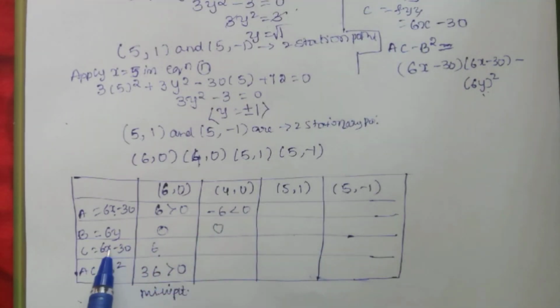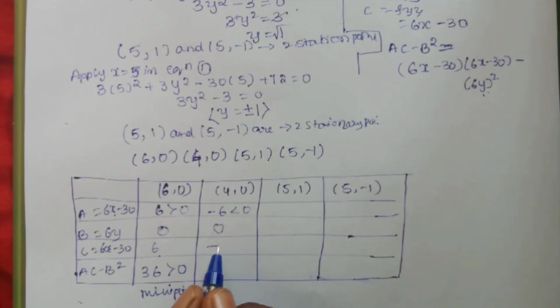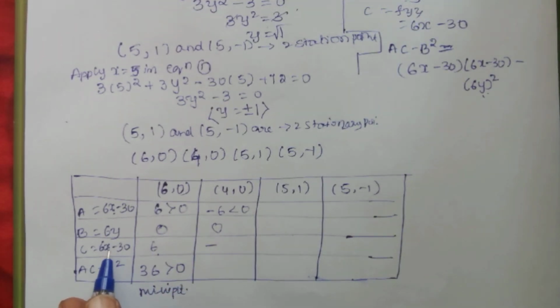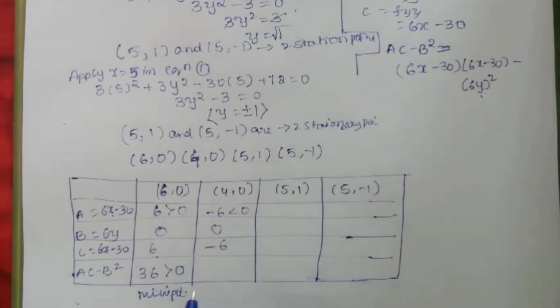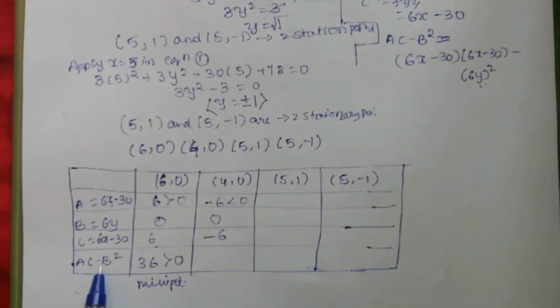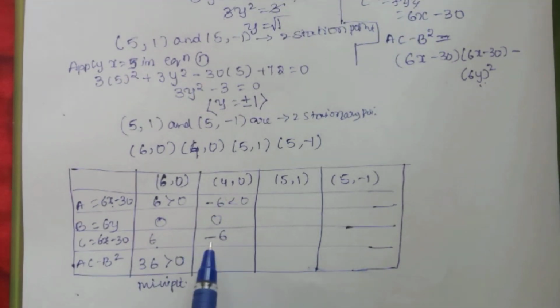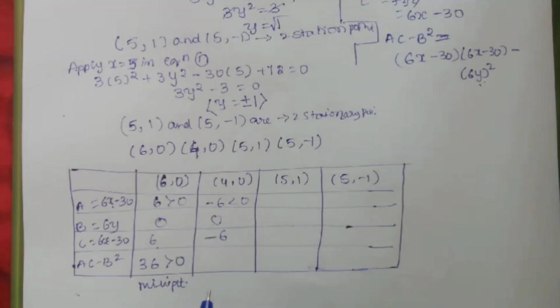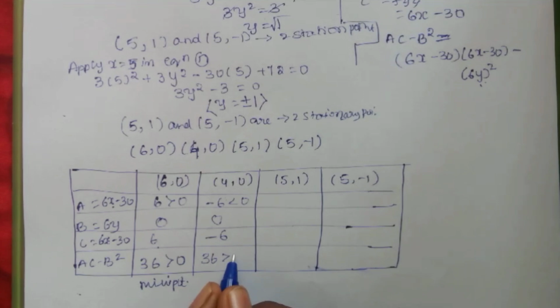So A is -6, C is -6, and -6 into -6 is 36, minus 0, we get 36, which is greater than 0.